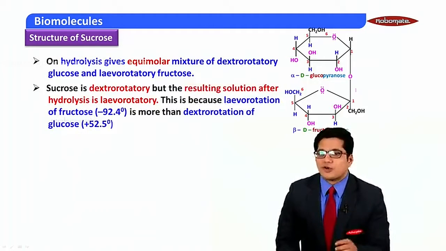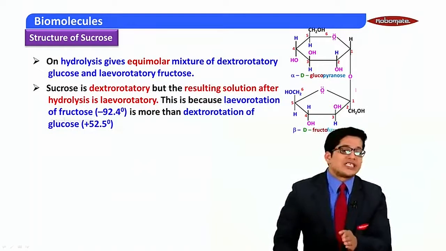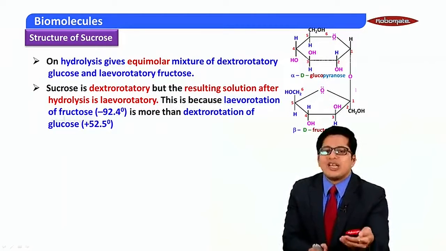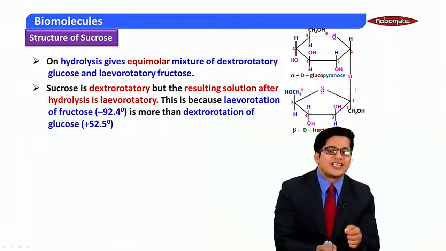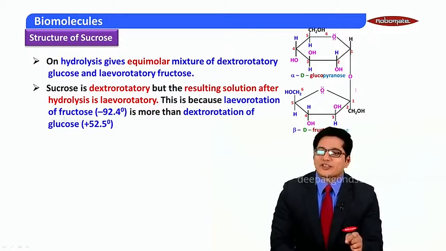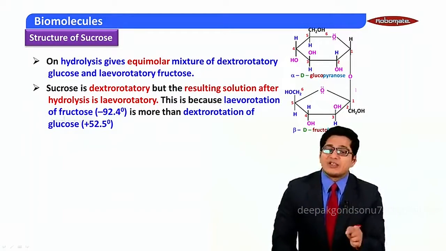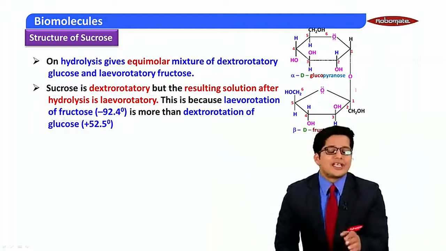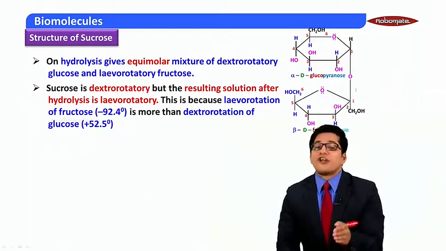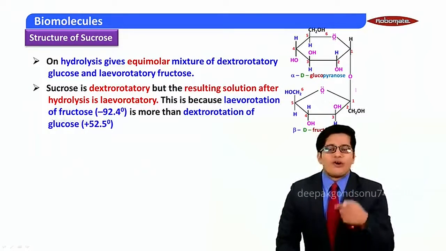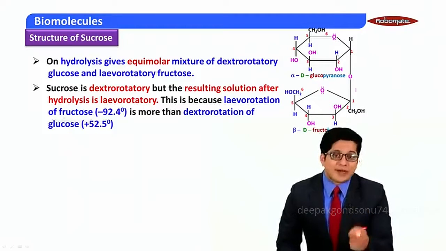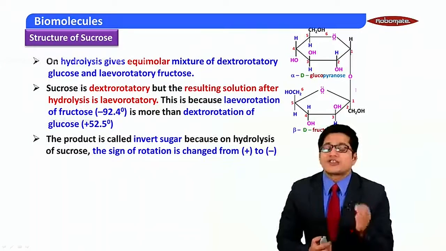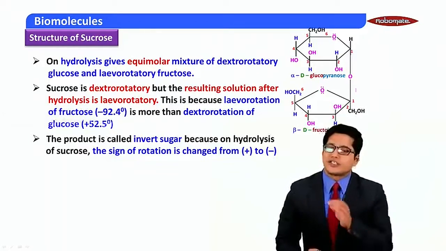Sucrose is actually a dextrorotatory compound, but once it is hydrolyzed, it gets converted into a levorotatory mixture, because the levorotation of fructose is negative 92.4, whereas the dextrorotation of glucose is positive 52.5. So levo always dominates, and because of this inversion in its rotation, it is also referred to as invert sugar.